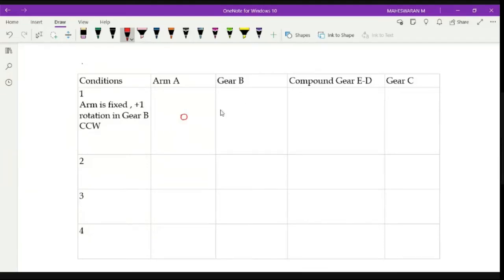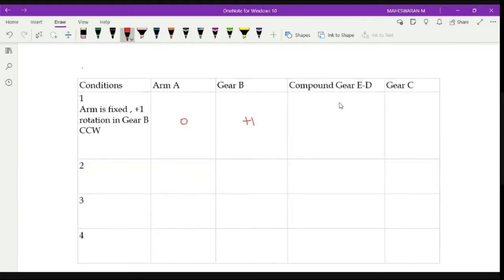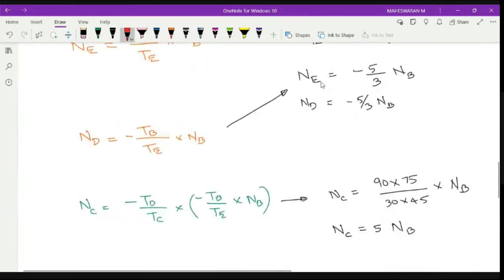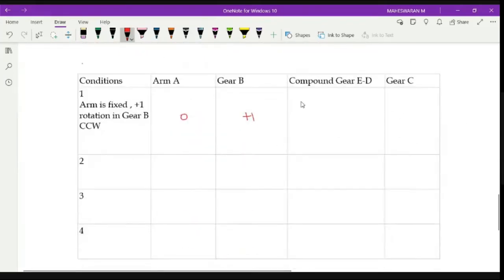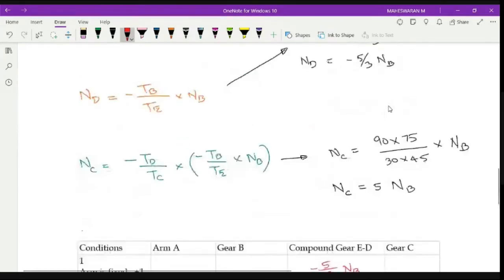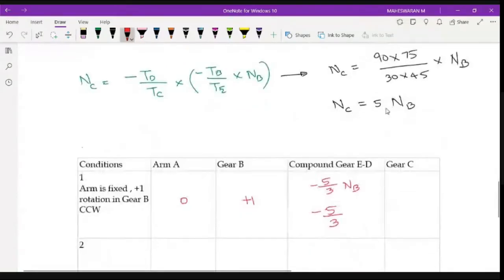So gear B is rotating plus 1. Compound gear E and D are the same, which is minus 5/3 NB. Since NB is 1, when I substitute it here, you will get minus 5/3. Gear C is 5 NB.